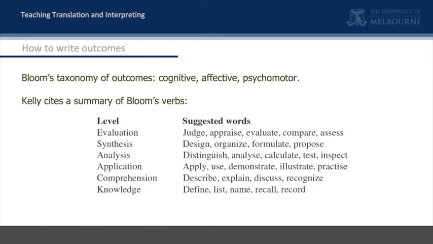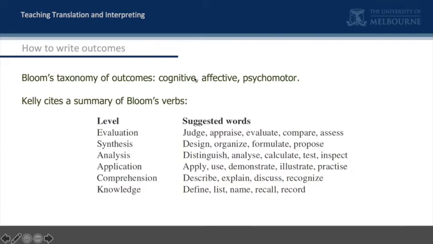Within faculties of education, there has been a lot of attention to the way outcomes are written. This goes back to the work of Bloom in the 1950s. It's been around for a long time.